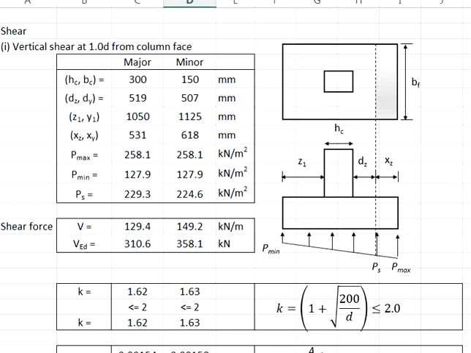You need to determine the shear force. The shear force is determined based on the stress outside of the shear plane. In the major axis, we are referring to this area, whereas in the minor axis, we are referring to this area.